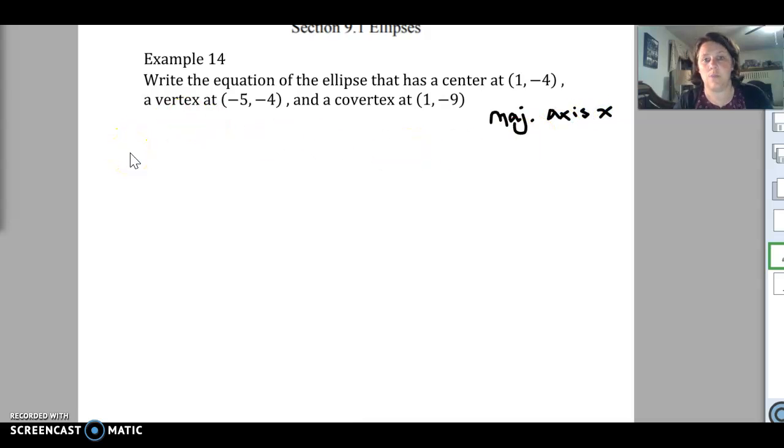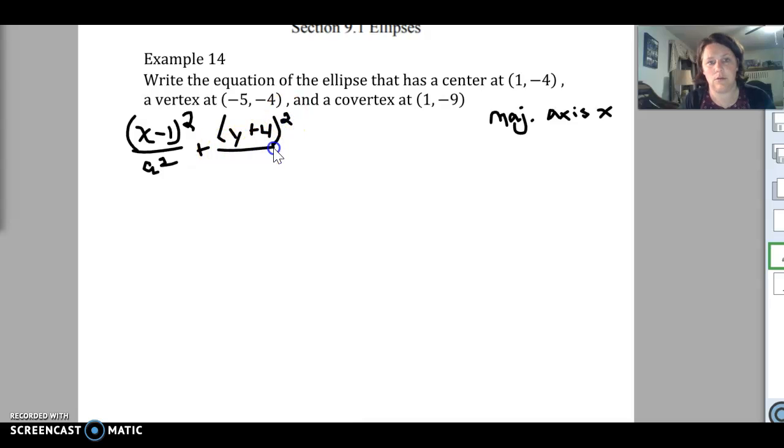And so our biggest value, or a, is going to be in this format. So (x minus 1) squared over a squared plus (y plus 4) squared over b squared equals 1. And so now we have to figure out what a and what b are.